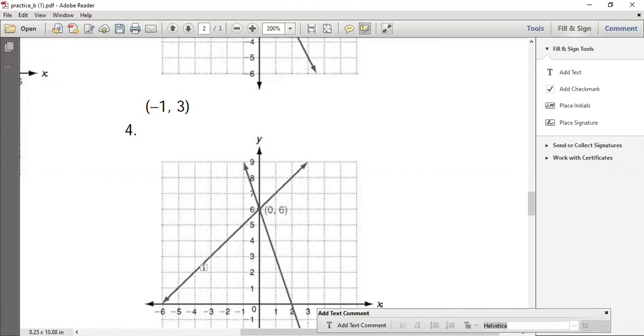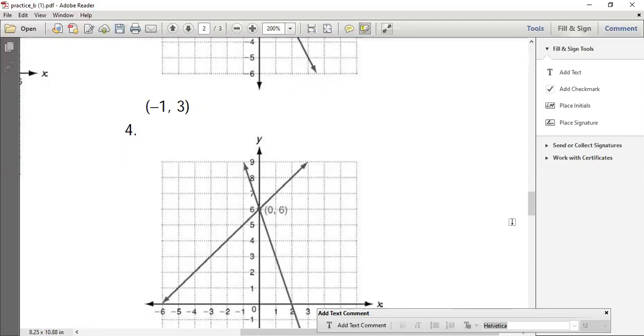Now going to equation 2, which was y is equal to minus 3x plus 6. The y-intercept is 6, so we draw a point on 6 again. Now minus 3 means it's a fall, so we come down 1, 2, 3, and 1 to the right. 1, 2, 3, and to the right.